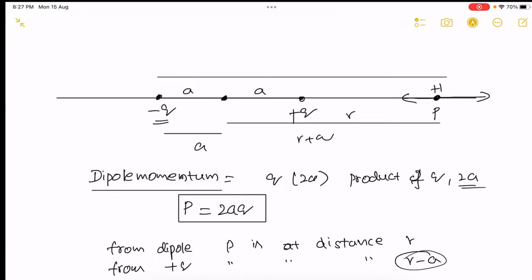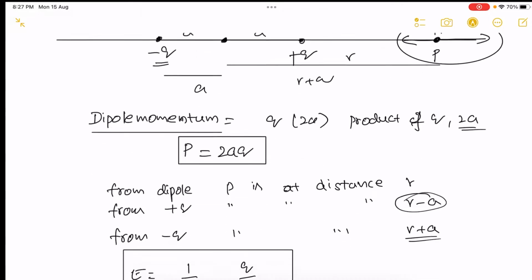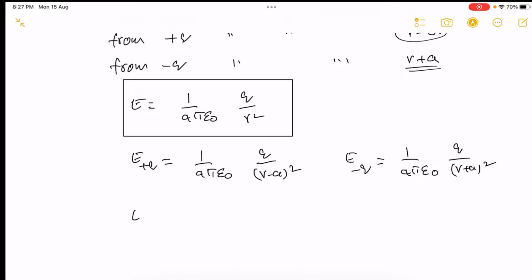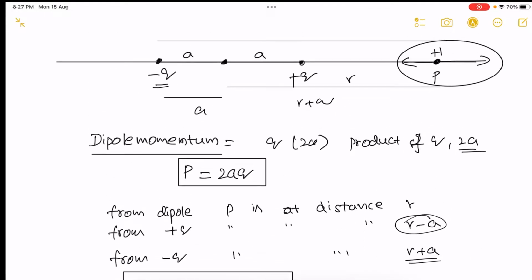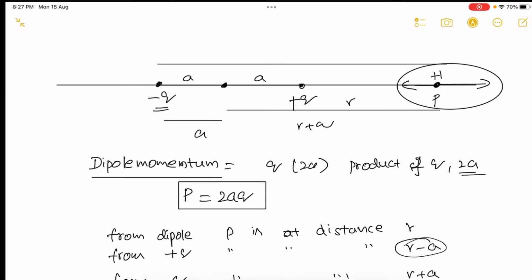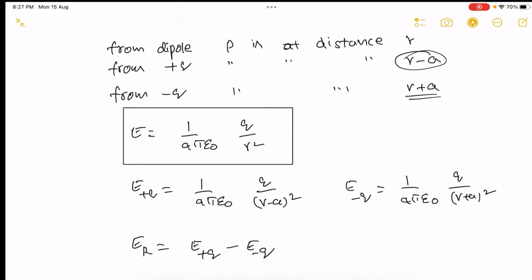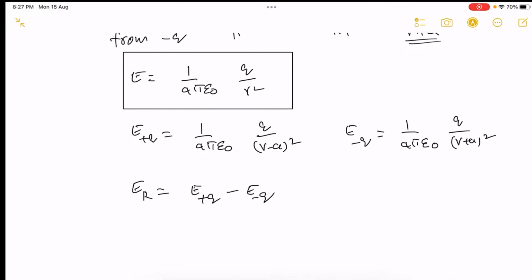Look here, on point P, E plus q and E minus q act in opposite directions. So the resultant E is E plus q minus E minus q, because here the electrostatic field intensities are in opposite directions. Remember, the electric field due to minus q would take a minus sign.